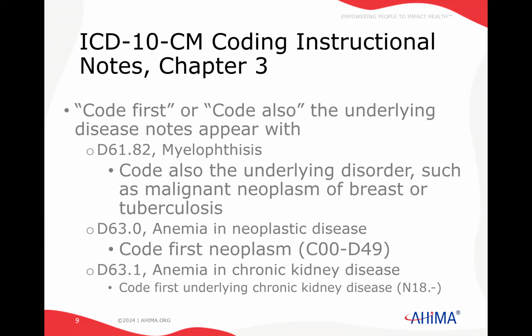When we have anemia in a neoplastic disease, as we sometimes do, we always code the cancer first, followed by the anemia. And then you'll also see in the tabular for anemia in chronic kidney disease, we want to code first the underlying chronic kidney disease, namely the code from the N18 code category.